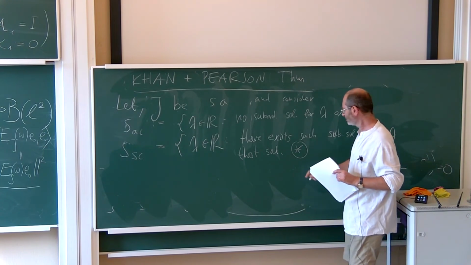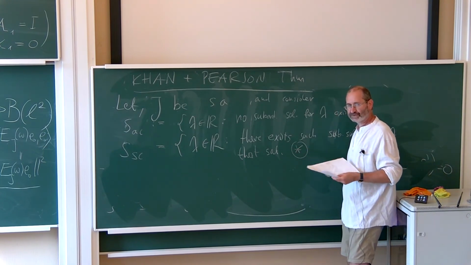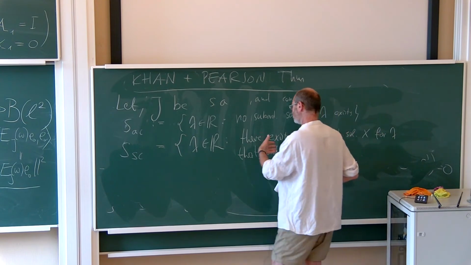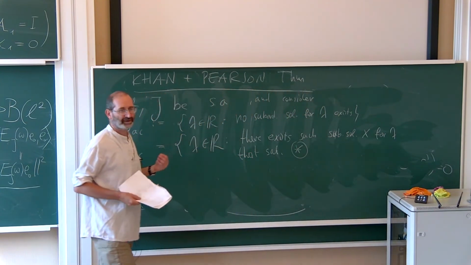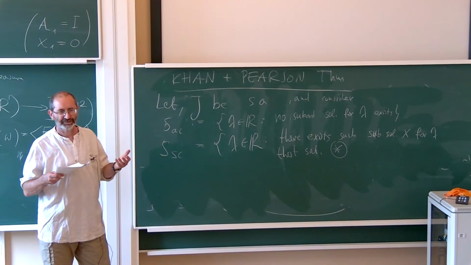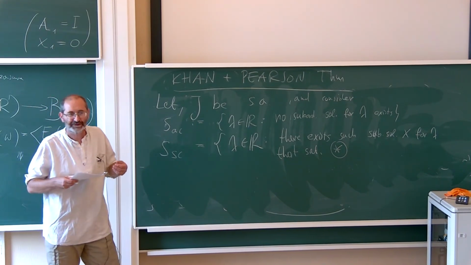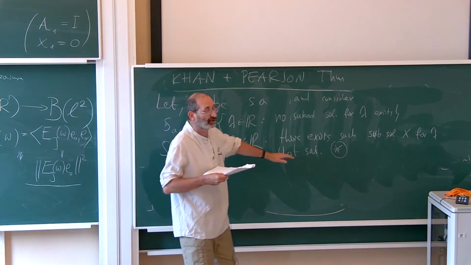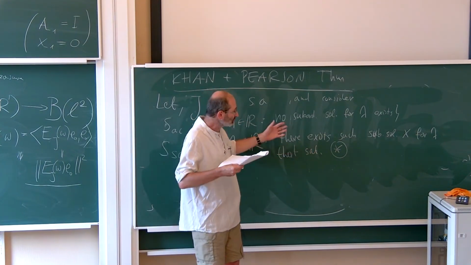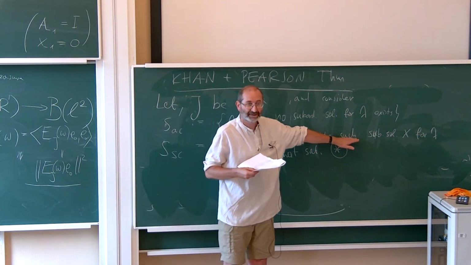So this was the condition which makes the solution a formal solution. So it is, we can say, almost the eigenvector for lambda, but almost, because we don't know that it belongs to the space. But it almost belongs because it's subordinated.